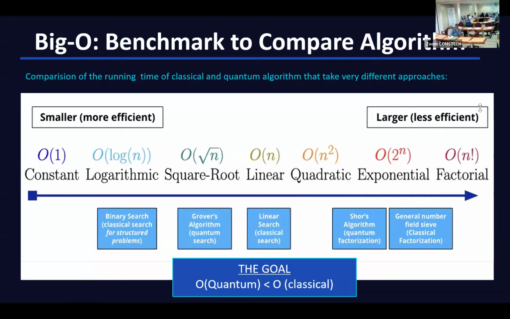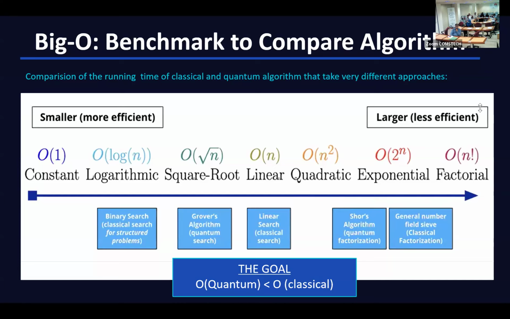So how can you say whether a classical algorithm is worth it or a quantum algorithm is worth it? There is big O notation by which we measure which algorithm is more efficient and faster.